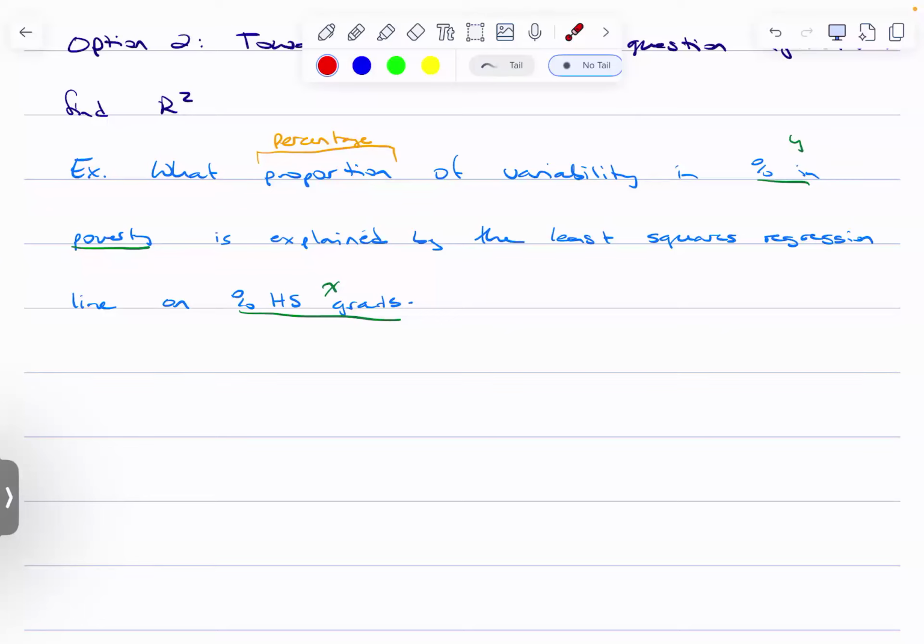So those are the two options for the R squared question. Either at the beginning, then you need to use it to find R, or at the end where I ask you to find R squared. Okay?